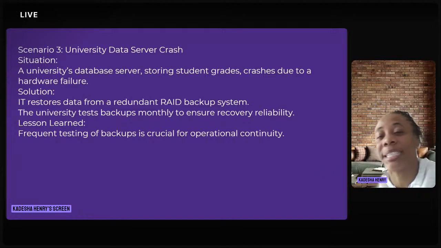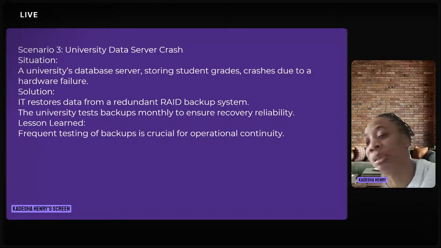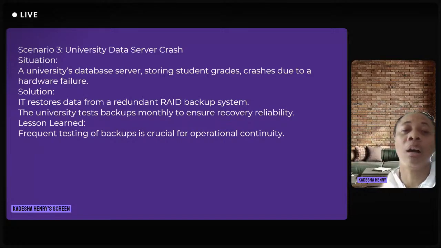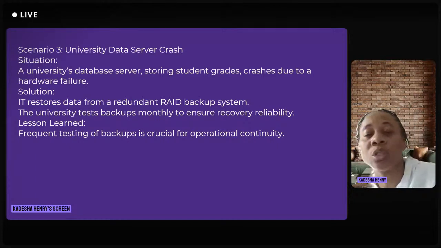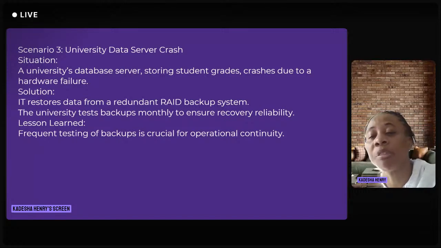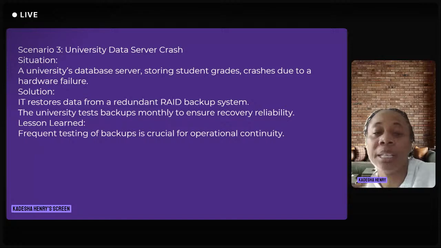University data server crash. A university's database server storing student grades crashed due to hardware failure. Solution, it restored data from a redundant RAID backup system. The university tests the backup monthly to ensure recovery reliability, right?